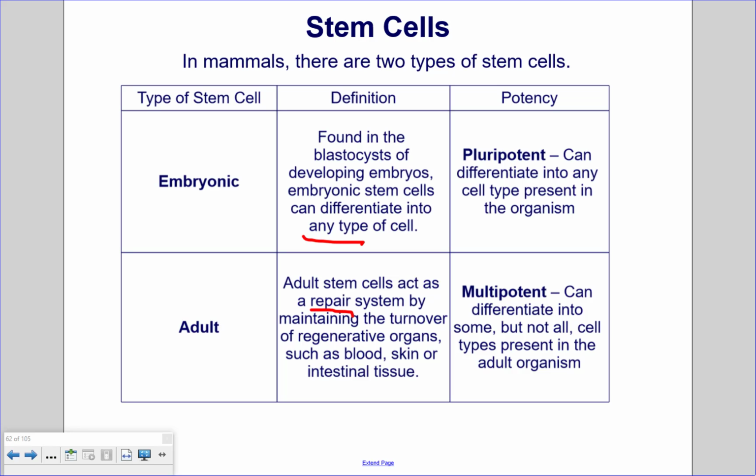They can only do a few different types, but are mainly for replacing the tissue that is lost for regenerative tissue. The potency of these cells is multipotent. They can differentiate into some, but not all, cell types present in the adult organism. So for example, an adult stem cell could be one that could differentiate into muscle, tendon, or bone.